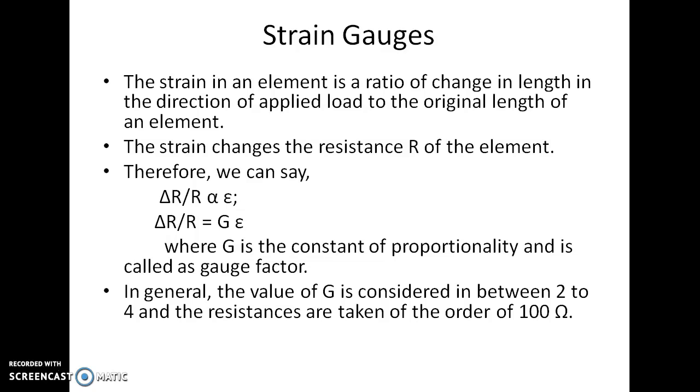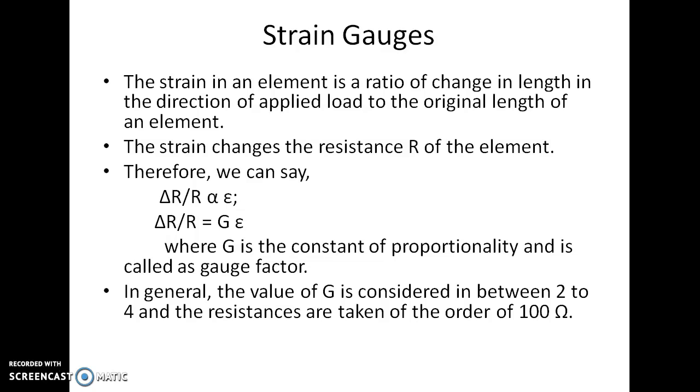The strain changes here with the change in resistance of the element. So we have one relation for that: del R by R is directly proportional to epsilon, where del R is the change in resistance, R is the original resistance, and epsilon is the strain.